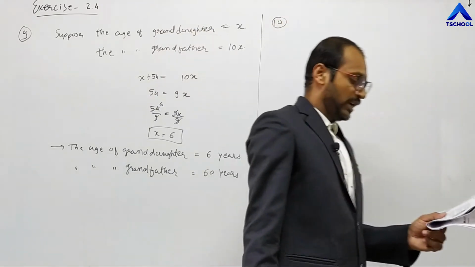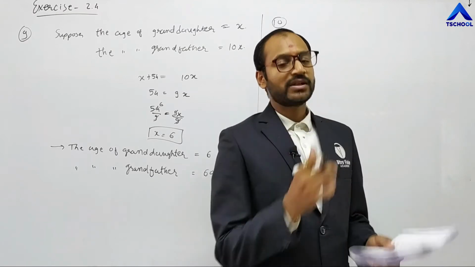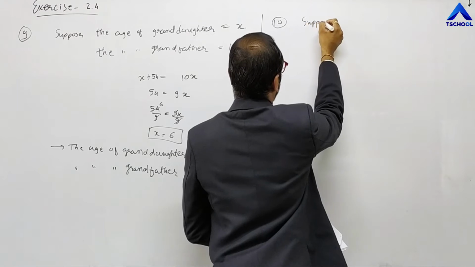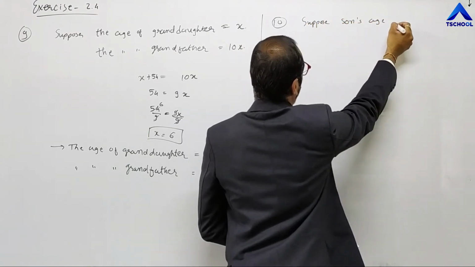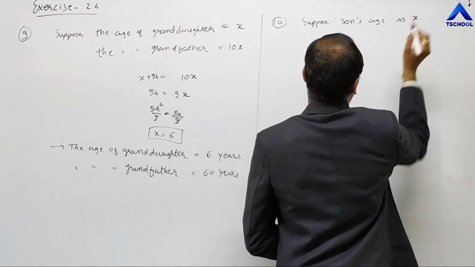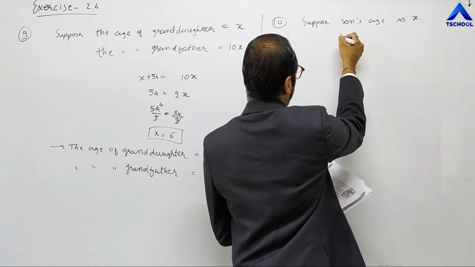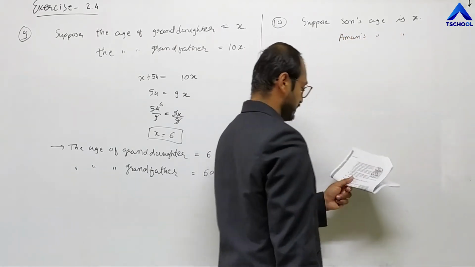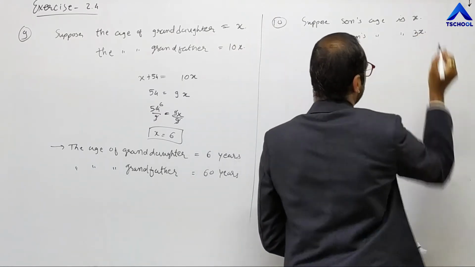So, Aman's age is 3 times his son's age. So, let me consider the son's age is x years. Then Aman's age is 3 times, that means 3x.